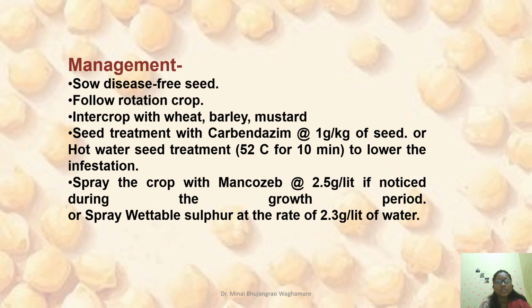So coming to the management, use disease-free seed and go for crop rotation. Intercrop with wheat, barley, mustard and linseed to avoid infection of the main crop by the pathogen completely and enhance the other income of the farmer. Coming to the fungicide seed treatment, carbendazim at 1 gram per kg of seed is applied, and hot water seed treatment at 52 degrees Celsius for 10 minutes, given by Jensen earlier, also helps to manage it.